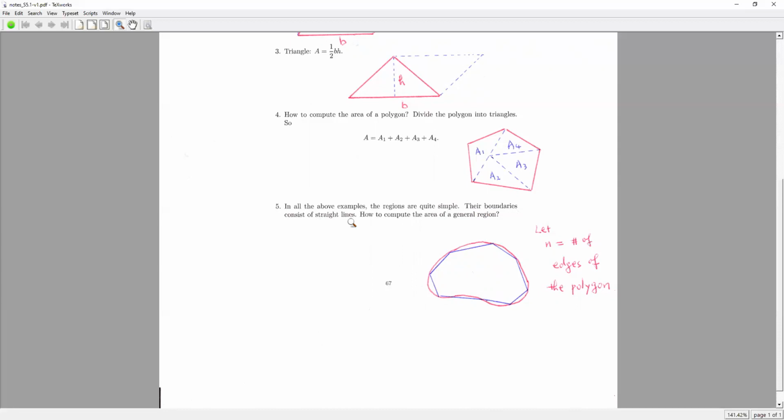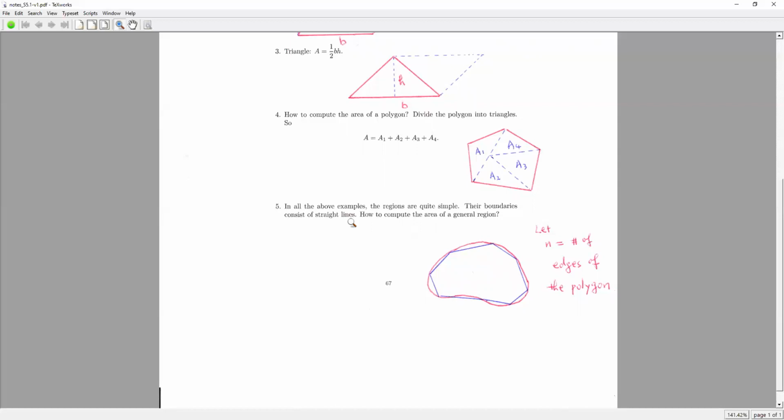So for the area of a simple region, it is easy to compute the area. Just cut the simple region into triangles. Then we can get the area of that simple region.